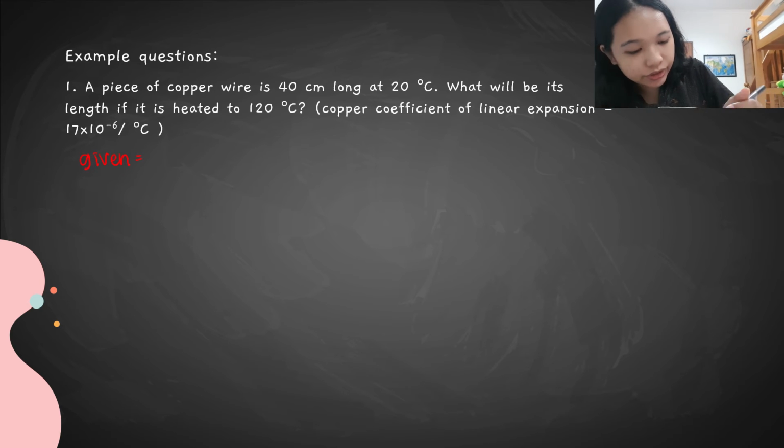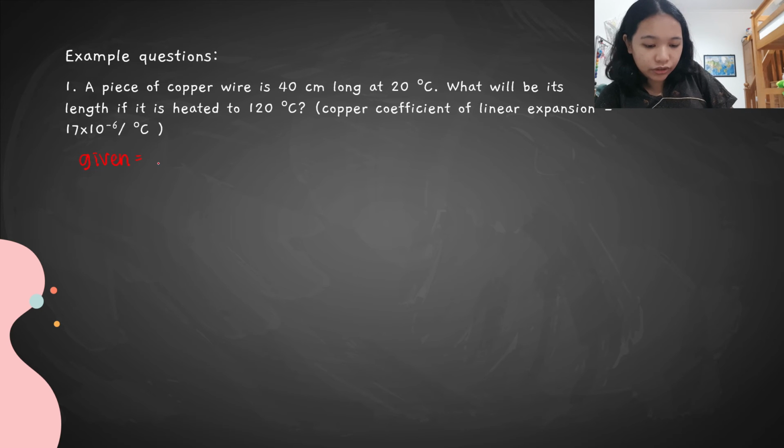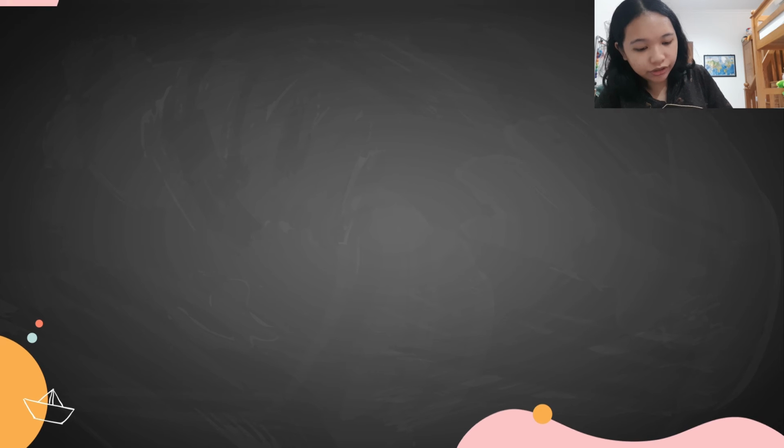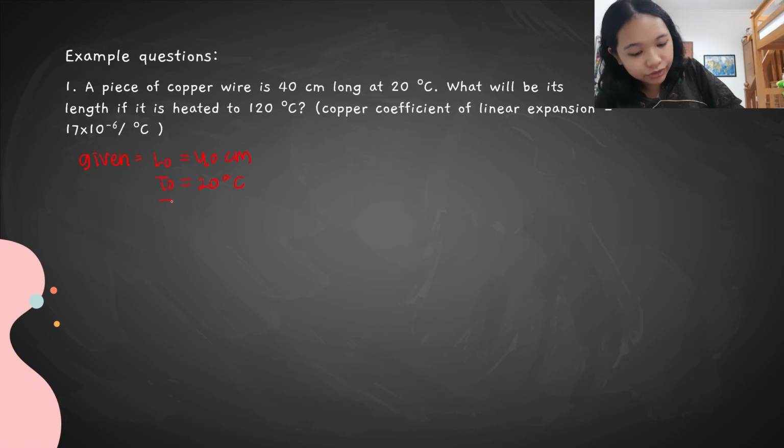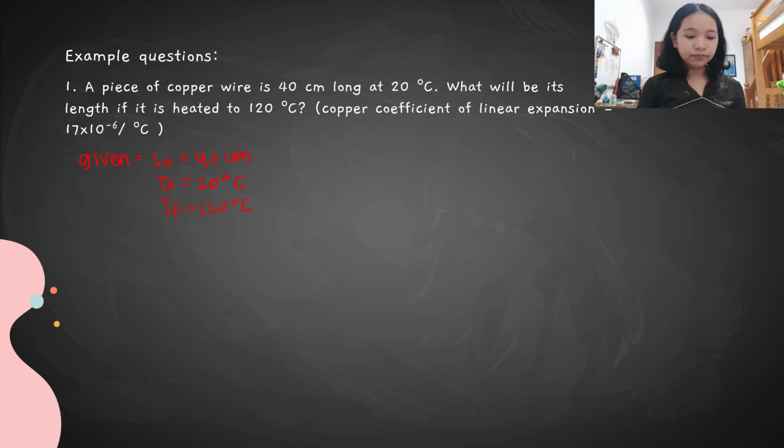Piece of copper wire is 40 centimeters long, so the length is 40 centimeters. At 20 degrees Celsius, so the initial temperature is 20 degrees Celsius. Heated to 120, so the final temperature is 120 degrees Celsius.